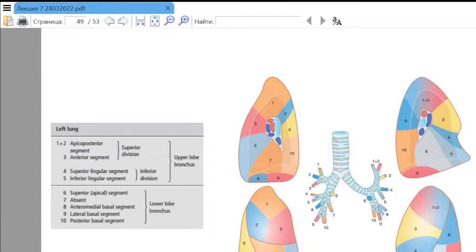For example, bronchus lingualis inferior, corresponding to the inferior lingular segment, and so on.